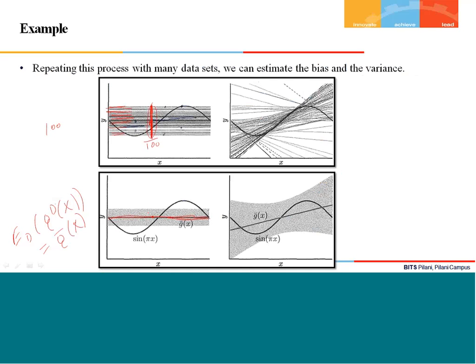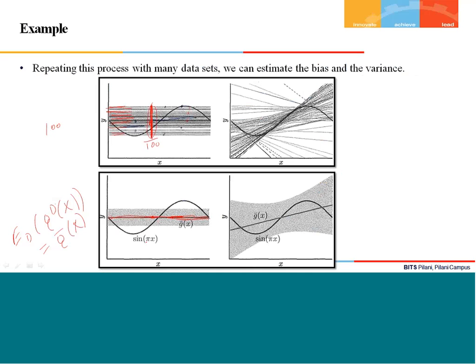So this is the thing on average. And what is the variance? The variance is because if you take any x, you will get this value, this value, this value. So you are subtracting the average of these values from the mean. So this is the mean, right? Now you know how to calculate the variance.